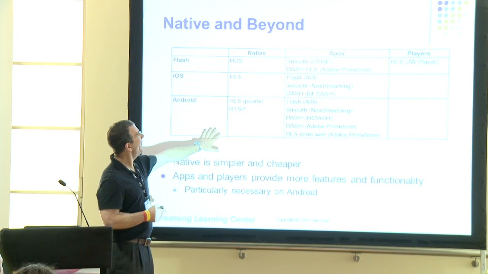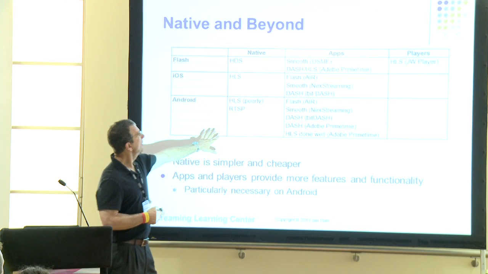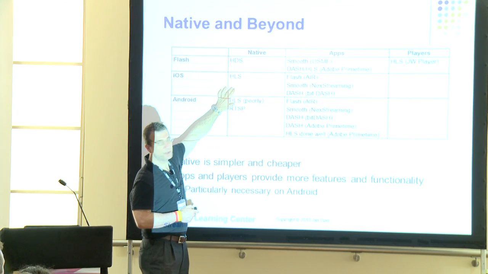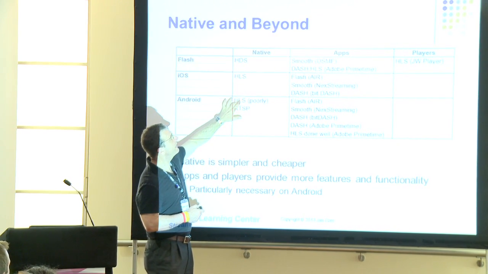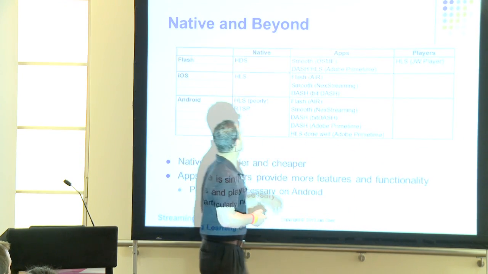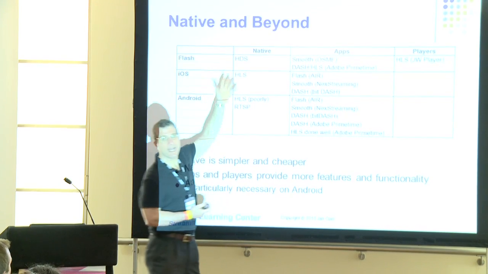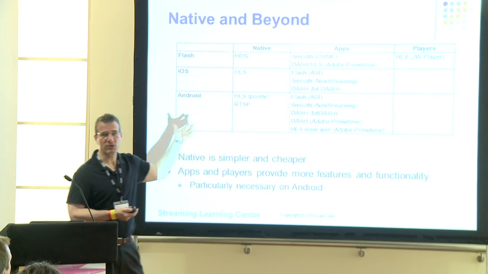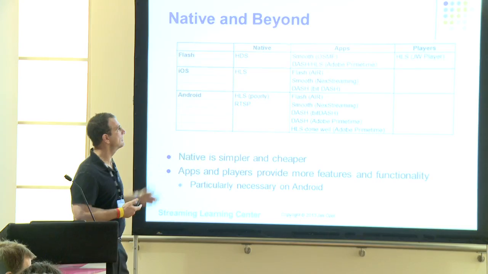If you're going native, HLS is a pretty good solution because it works here and here, and all you need to do is license the JW Player to make HLS work on Flash, which is still 98% of all computers. It's a very ubiquitous solution.